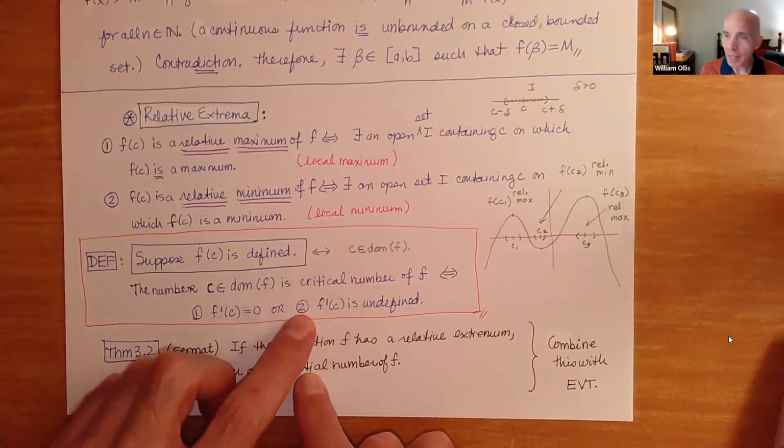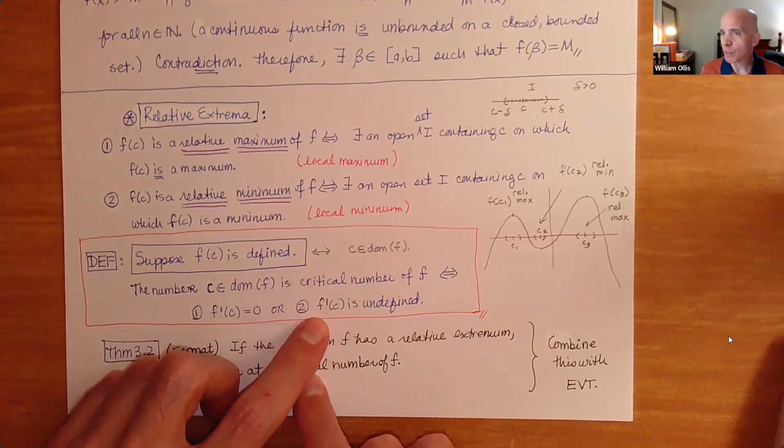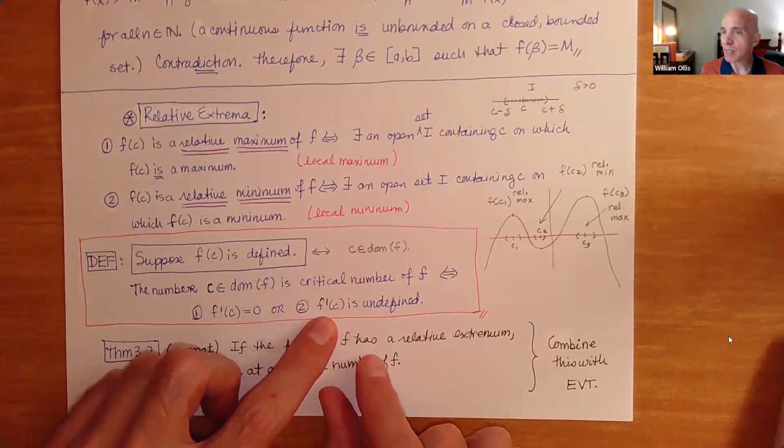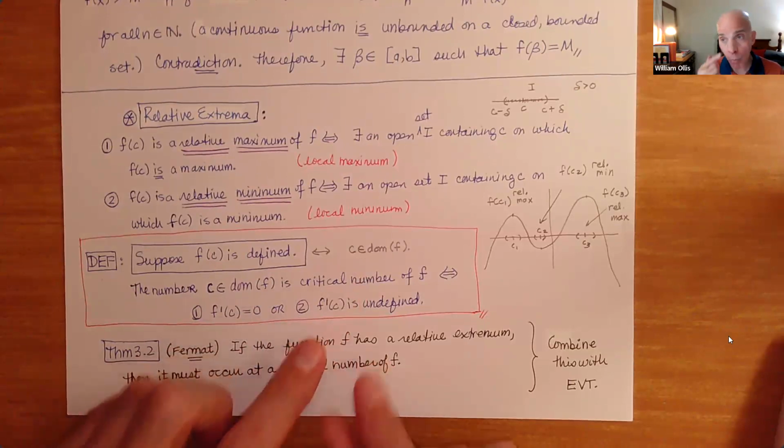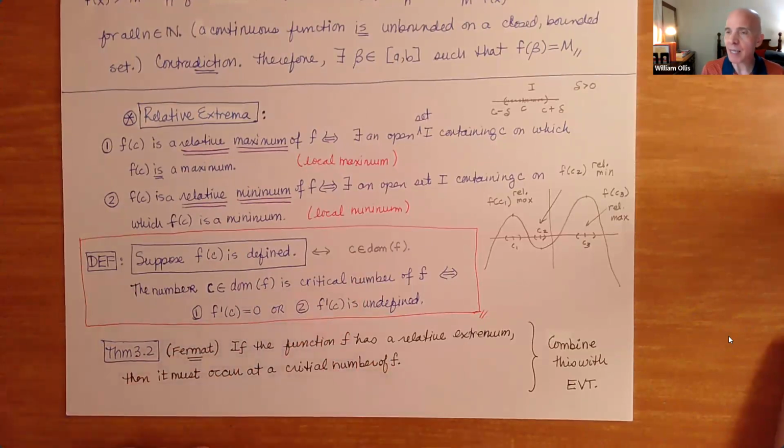The second one that occurs maybe less often, but is actually quite important, is f prime of c is undefined. And what that usually means is a construct where you have division by 0. Now in many cases, when you compute a domain and you have division by 0, that phenomenon pretty much is transferred to the derivative.